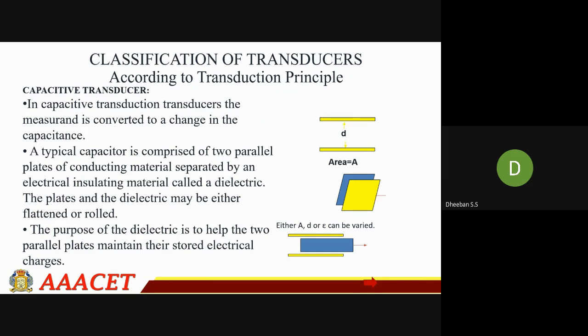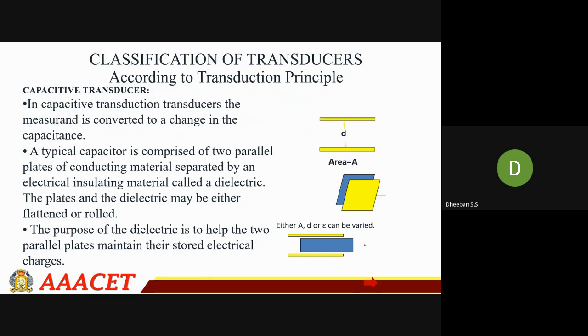First, with respect to the capacitive transducer. In capacitive transduction, the measurand is converted to a change in the capacitance value.